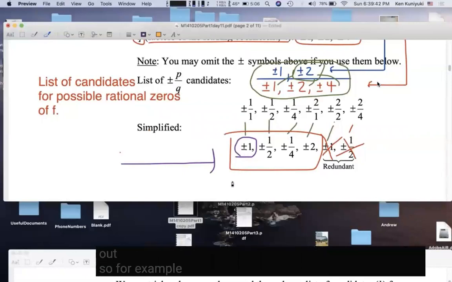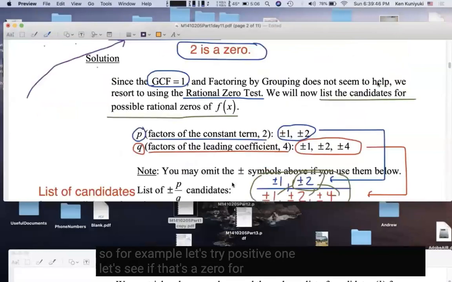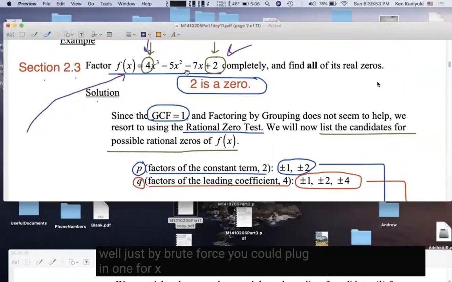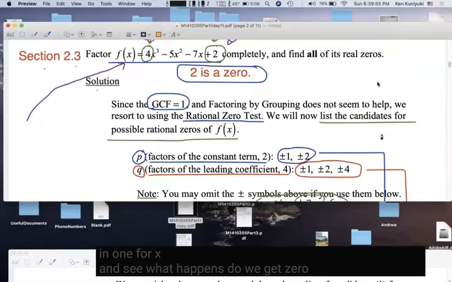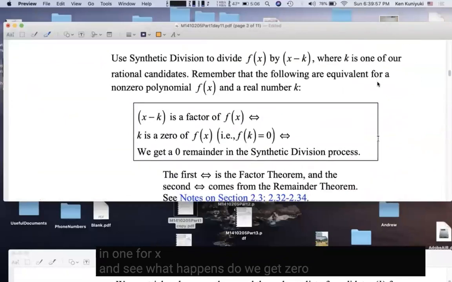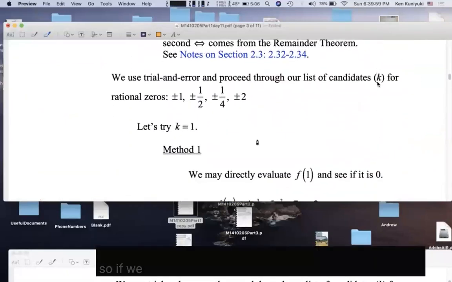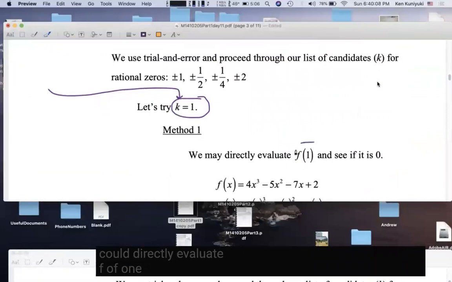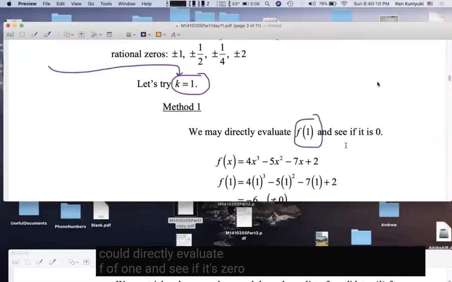So for example, let's try positive one. Let's see if that's a zero for this function. Just by brute force, you could plug in 1 for x and see what happens. Do we get 0? If we try k equals 1, we could directly evaluate f of 1 and see if it's 0.